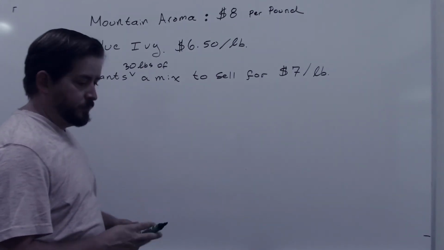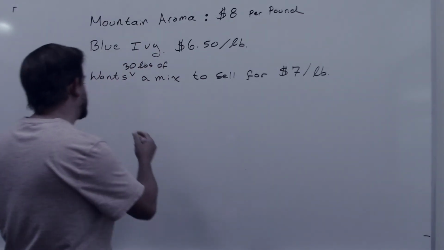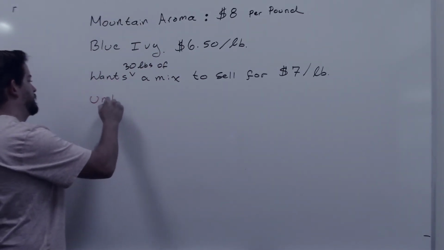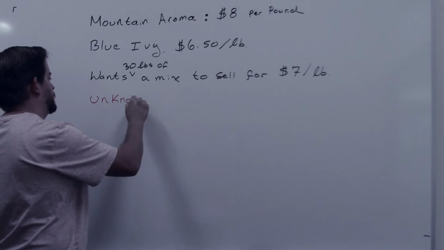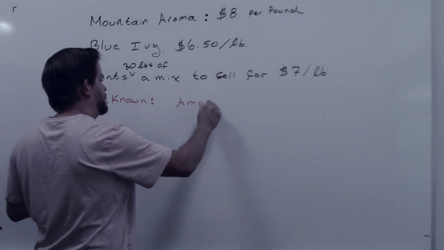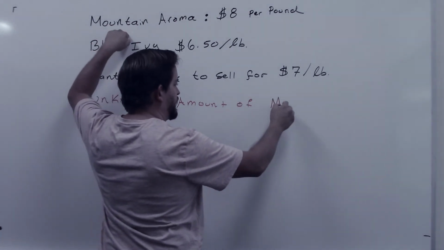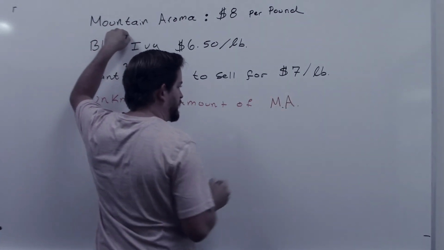So I have a couple of unknowns here. Those unknowns are the amount of Mountain Aroma. I'm just going to write MA, Mountain Aroma coffee.